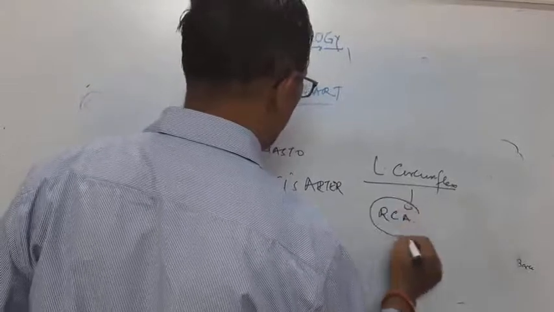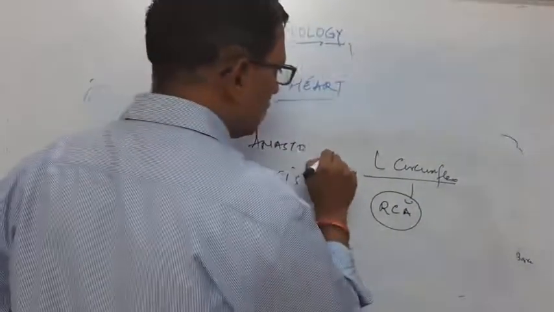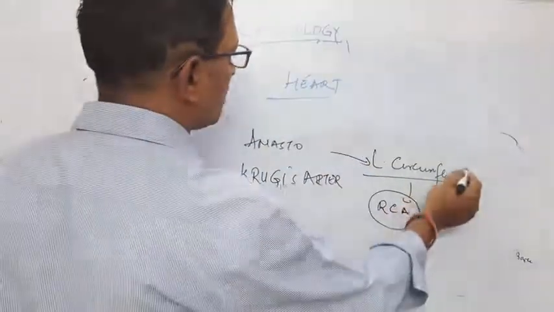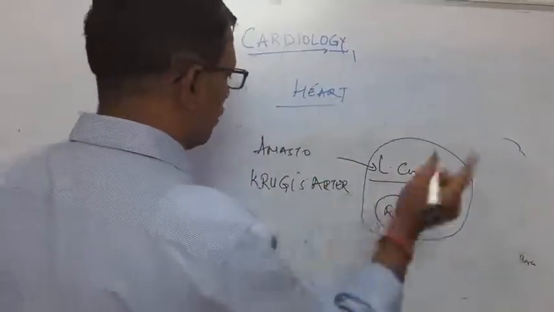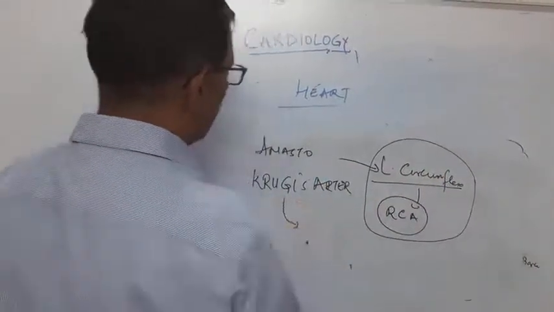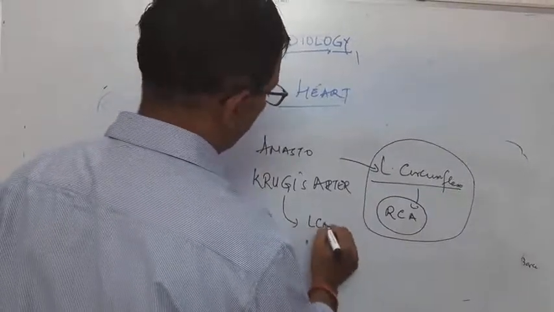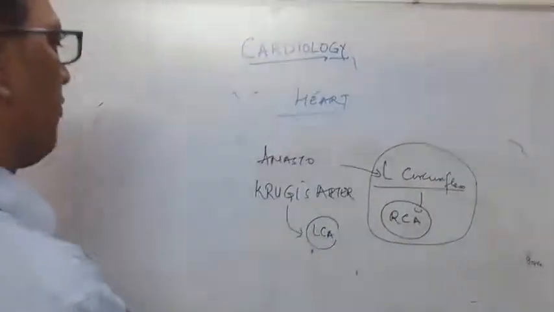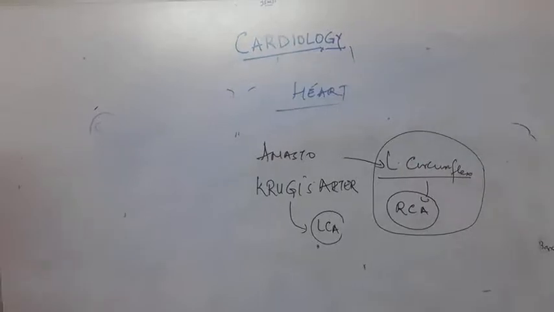If you do not have both these anastomoses and they ask you the question, you will have to write down that Krugel's artery is a part of the left coronary artery. Otherwise this is nothing else but an anastomosis between the left circumflex artery and the right coronary artery.